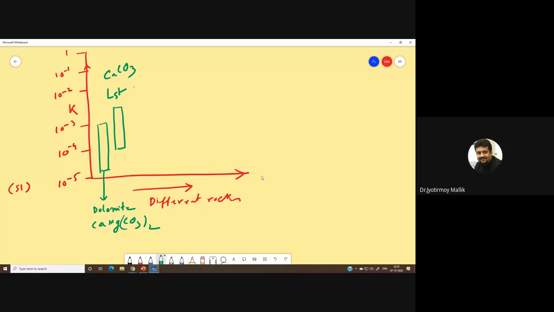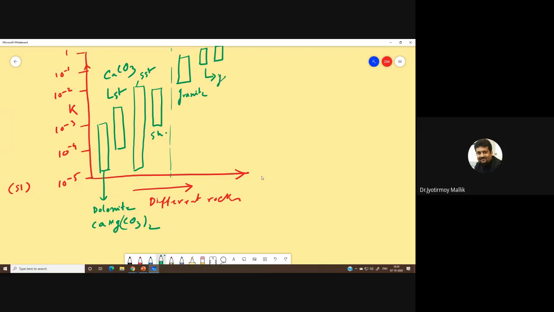Sandstone has a wider susceptibility range. Sandstone, shale, and then granite, gabbro, basalt.